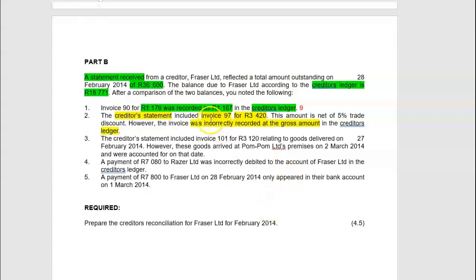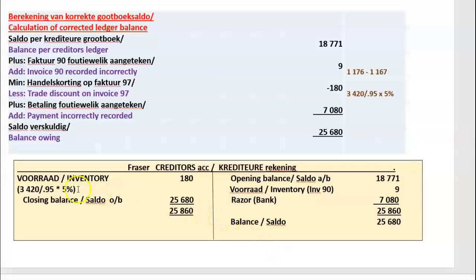Now the invoice actual value is 3420, and that was after, net off, after the 5% trade discount has already been deducted. So my first step is to work out what is now the amount before the 5% discount was deducted, and then I can work out what the 5% was that I have to rectify his account with. So 3420 equals 95% of the normal selling price.